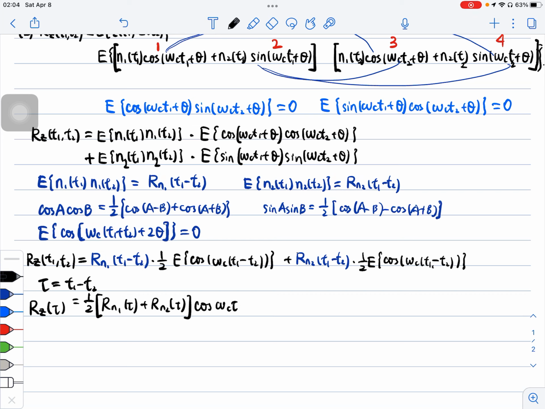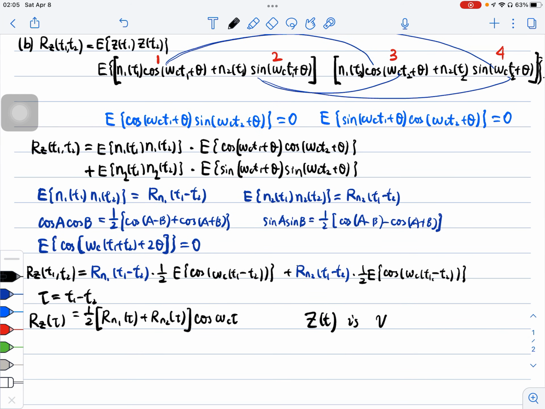As Rz(t1, t2) depends only on the time difference tau equals t1 minus t2, the random process Z(t) is WSS.